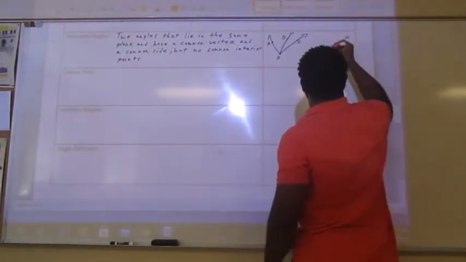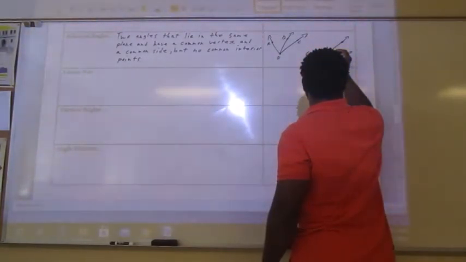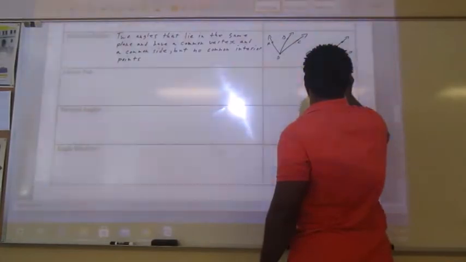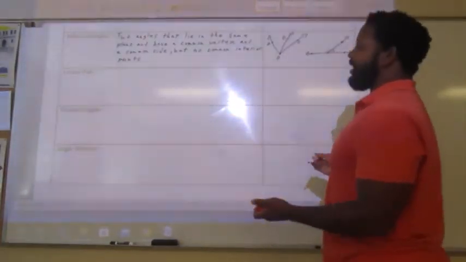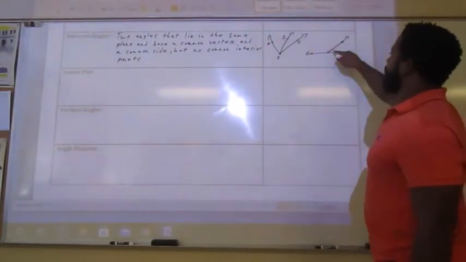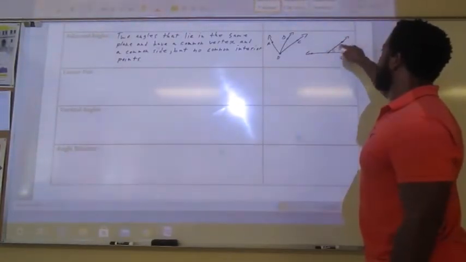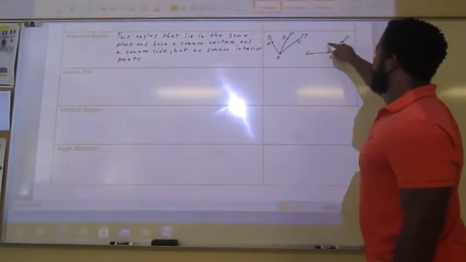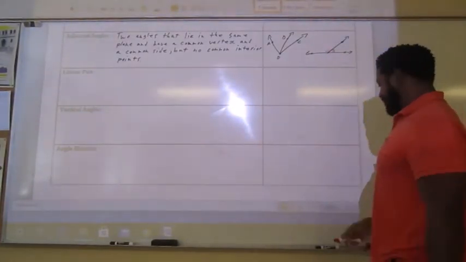This angle right here is split up. It's acute. This is an acute angle, this is an obtuse angle, right? And so therefore, both of these angles are sharing this common side right here. But this angle has nothing to do with this angle right here. Cool? Because it's split.